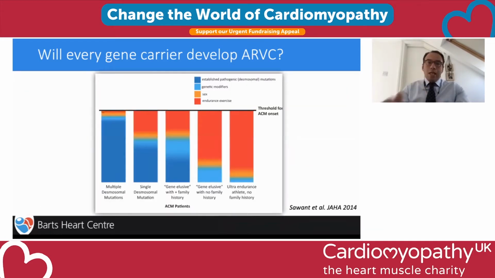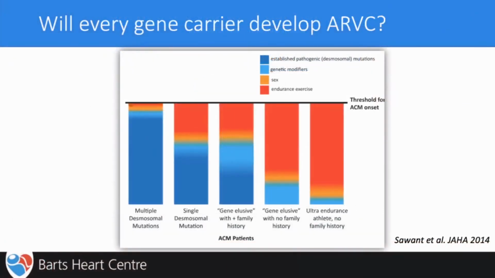Now, this is the threshold theory about what factors play a role in developing the condition. Imagine a theoretical threshold of actually developing the disease or of showing the condition. And you can see here some of the important factors that play a role in development of that. If somebody has multiple mutations in the desmosome, then obviously the genetic background is going to be the more important determinant of developing the disease.